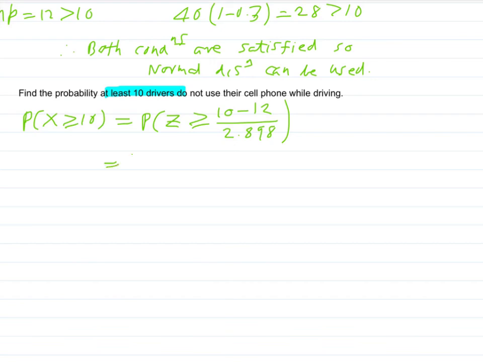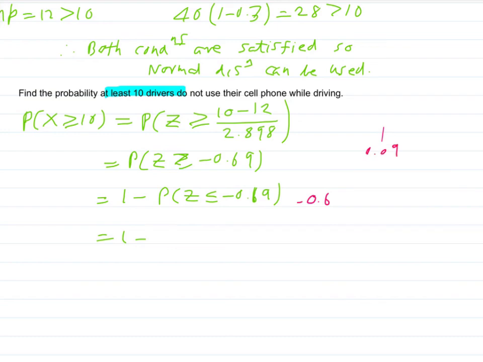You can simplify this: Z greater than or equal to negative 0.69. According to our table, we should use 1 minus the probability Z less than or equal to negative 0.69. You know how to use the table. In the Z table, check negative 0.6 here and 0.09 over here.